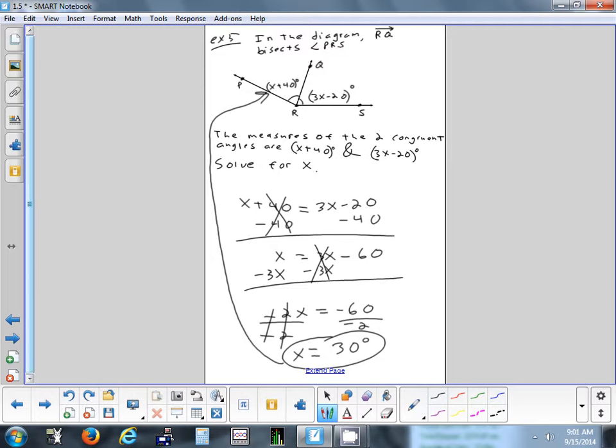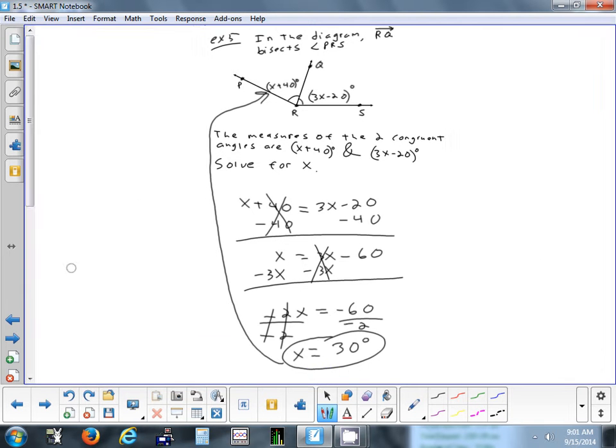We could plug it in and do the arithmetic, but what do we know about these two angles already? Their measures are equal, right, because the angles are congruent. So if the one on the left is 70, then the one on the right is 70. We could check it, and that would be a great way to make sure we did it right. 3 times 30 is 90, minus 20, is 70. So by checking it, we know we're right.